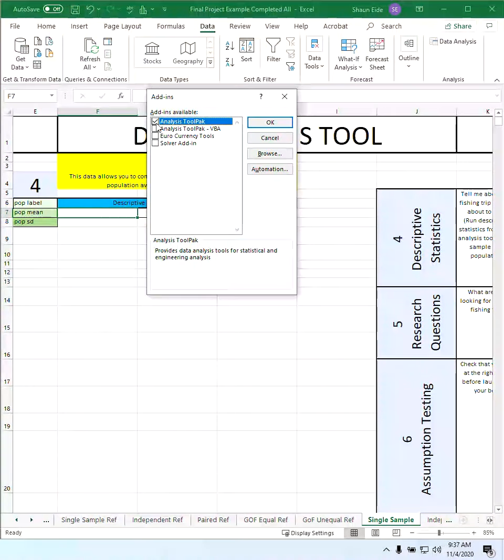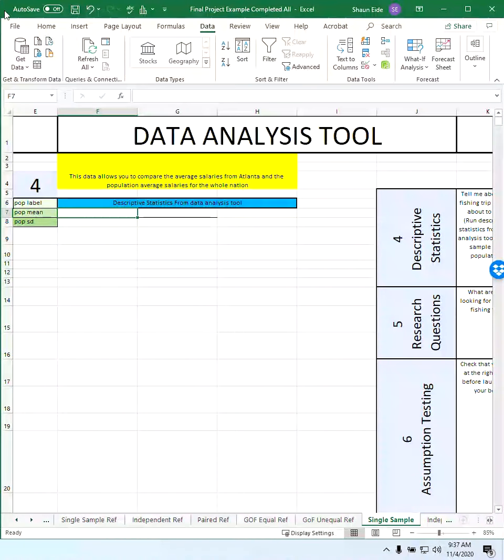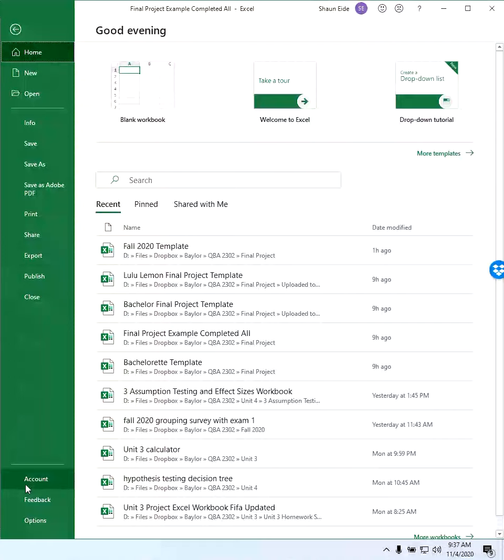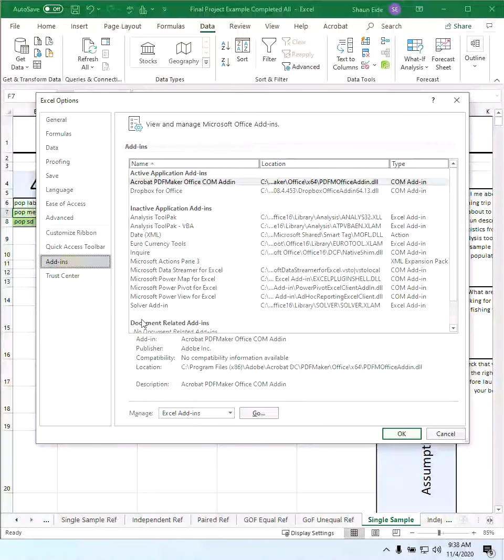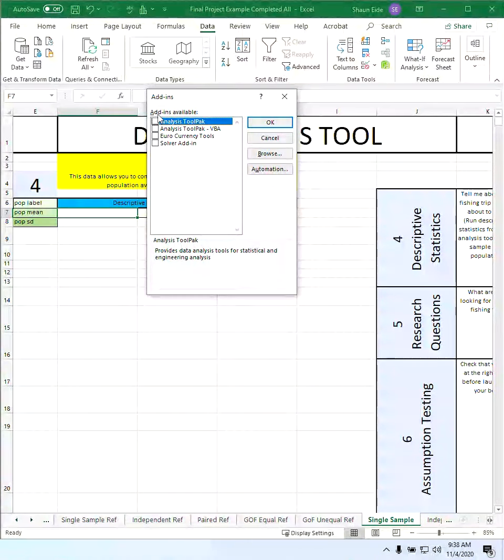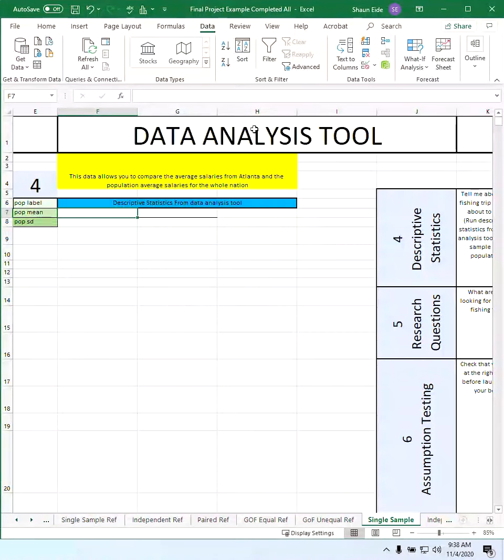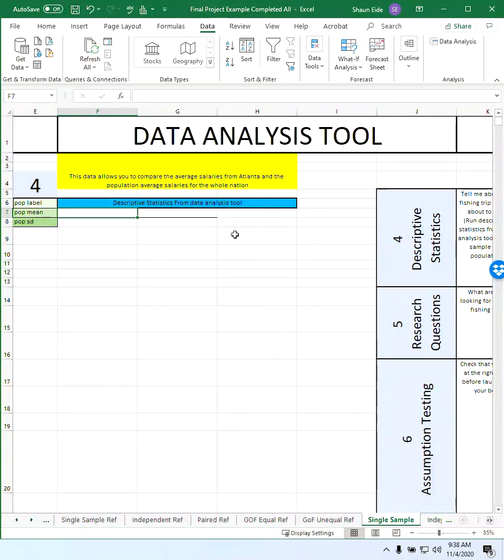It said, hey, it's there. So I had to uncheck it, and then it disappears. And then I went File, Options, and with Mac, it's obviously different. Add-in, and then Excel add-ins, go, and then I added it back. Pressed OK, and then it put it back up there. So if it disappears, just take it off and put it back on. It'll come right back. So descriptive statistics.